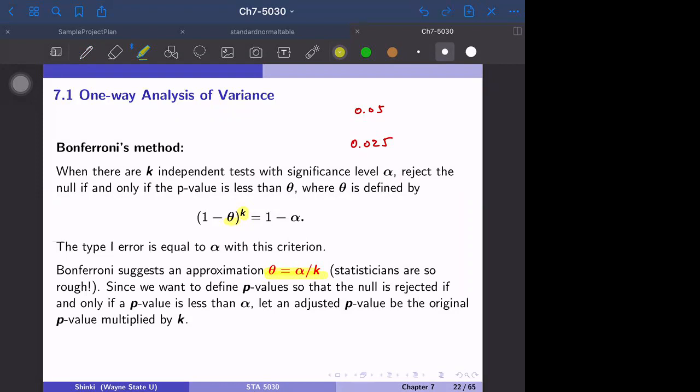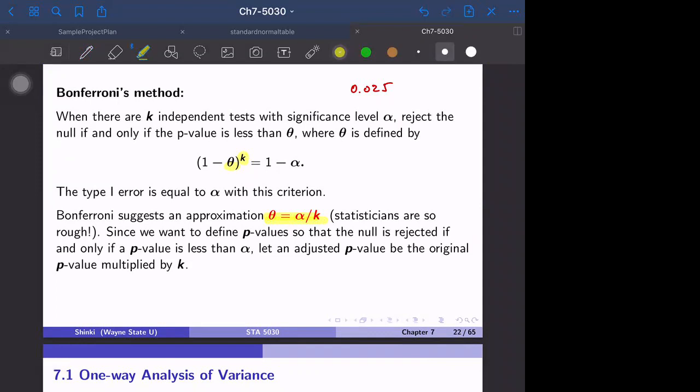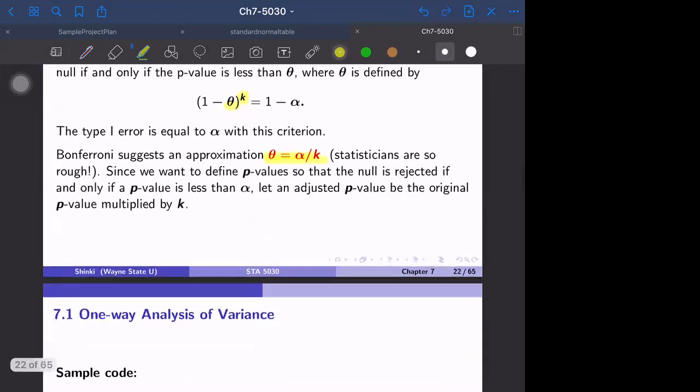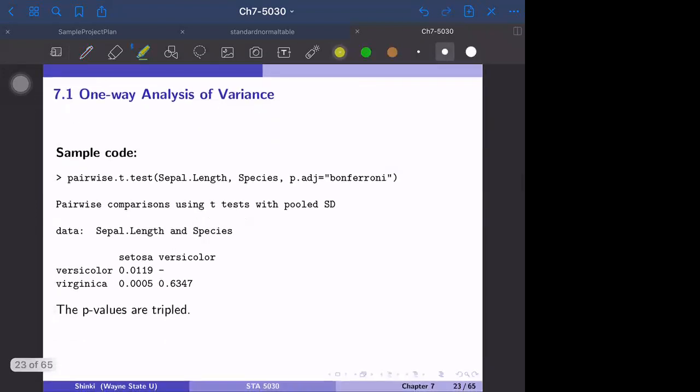So now we don't reject too many null hypotheses. You can do this adjustment by specifying p.adj equal to Bonferroni in the pairwise.t.test function.